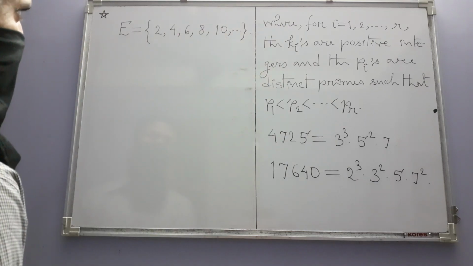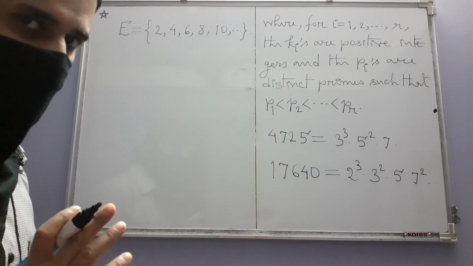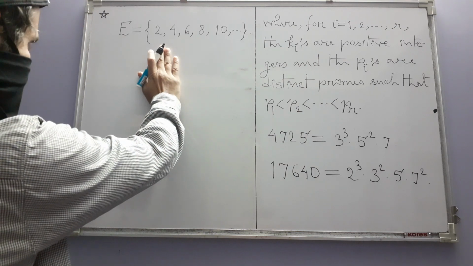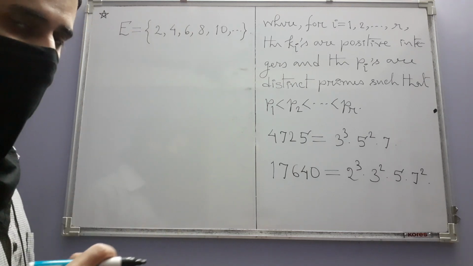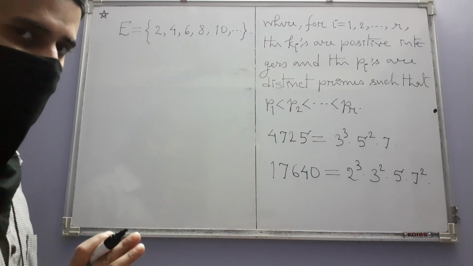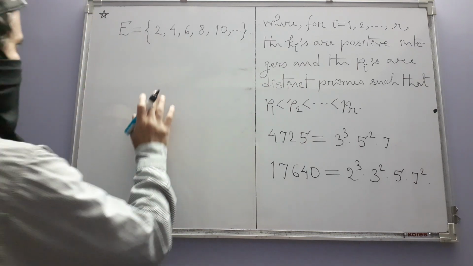Now in this set also of course we have our multiplication operation, so that if you multiply two positive integers that are even, then the result is also an even positive integer. So E is closed under multiplication.